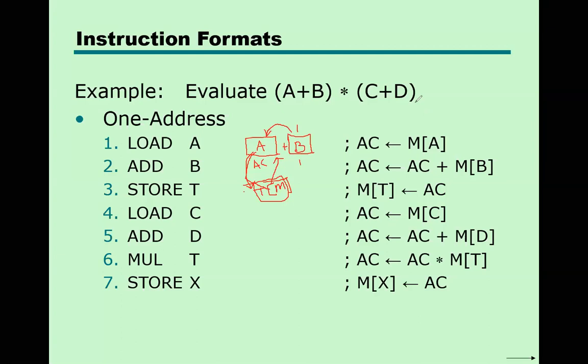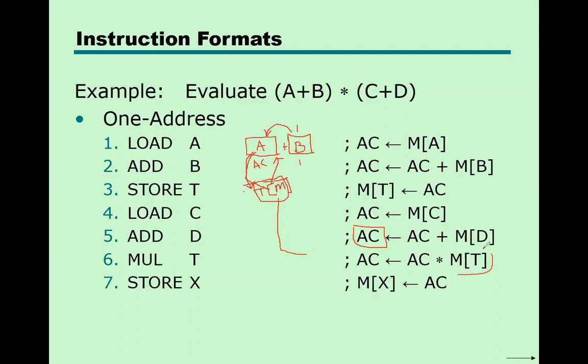Similarly, we will perform the same kind of operation on C plus D. So the accumulator is holding the C plus D addition. Now we have to multiply. So at memory location T there is A plus B, and the accumulator is holding C plus D. So we have to multiply both.